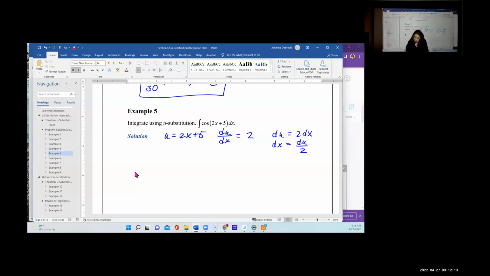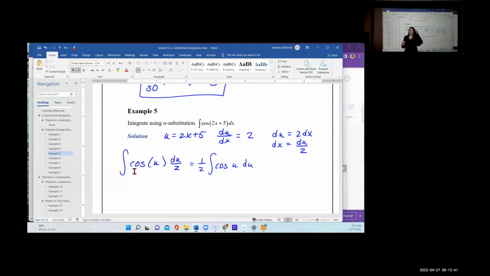Now we substitute for each part of the original integral that we have something to substitute for. Cosine is going to stay cosine. U replaces 2x plus 5, and dx is replaced by du over 2. Now the 1 over 2 becomes a constant factor, which can come out to the front. So we get the cosine of u du.